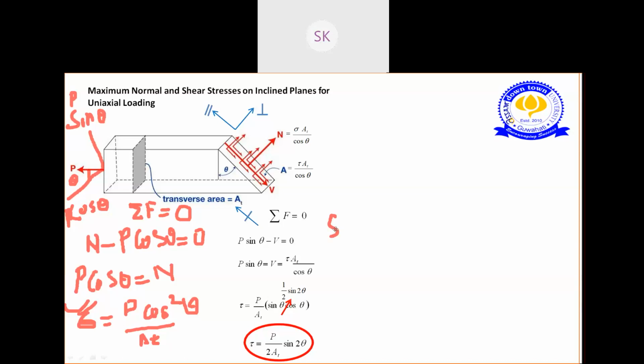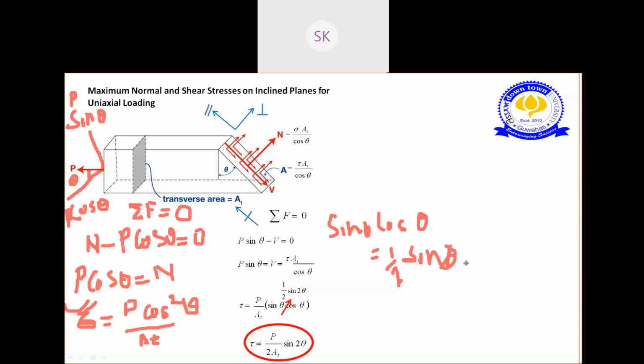And from trigonometry, you know what sin theta into cos theta is. It equals half sin 2 theta. If you go back to your trigonometry or maths classes, you will get this formula.